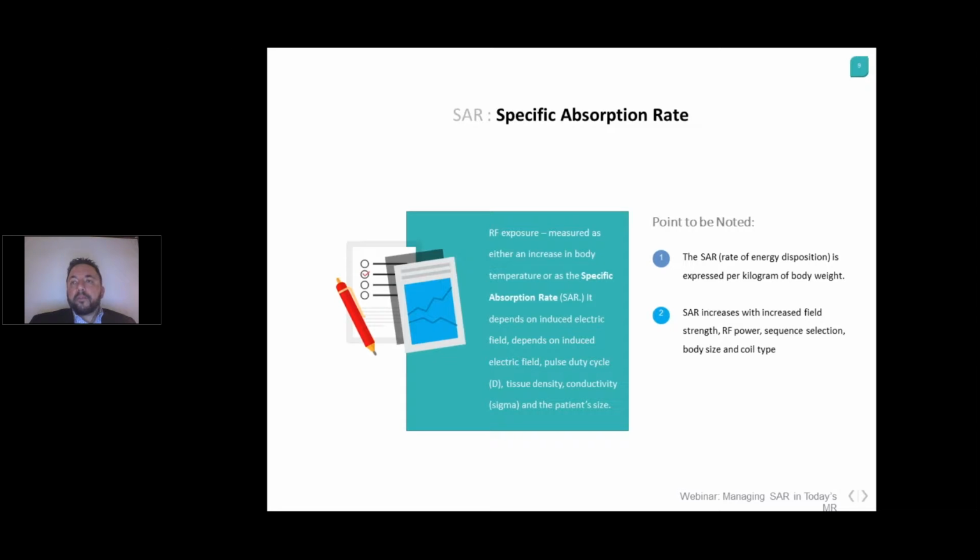You will have different SAR levels based on varying patient weights and sizes. So the SAR, or rate of energy deposition, is expressed per kilogram of body weight. Think again, power per pound. It increases with field strength, sequence selection, and even coil type.